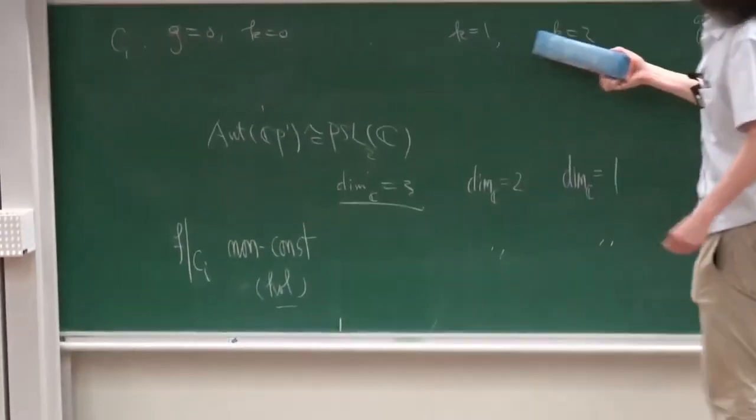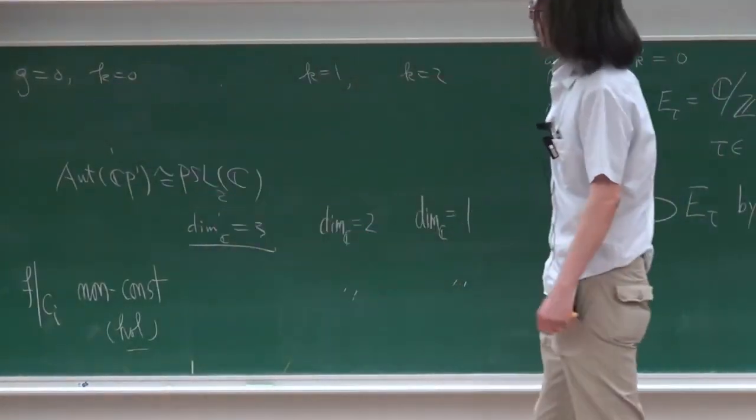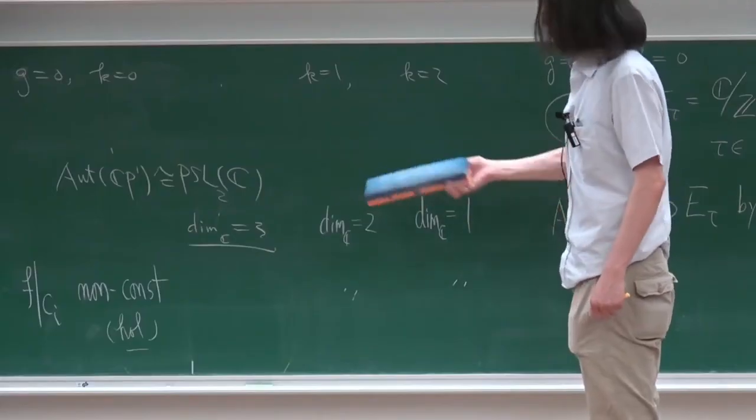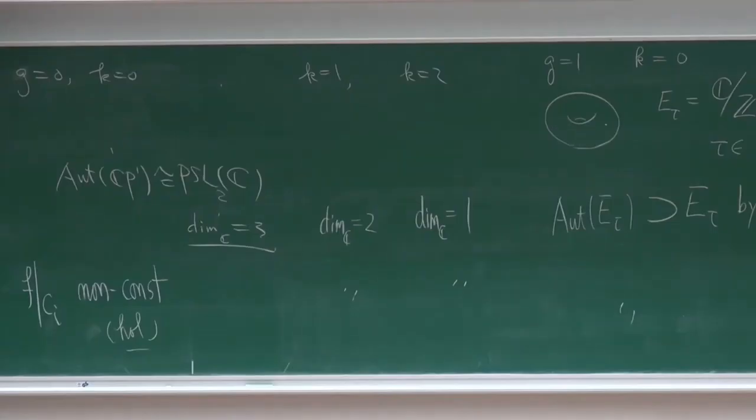The irreducible component of the domain is unstable, and then we require that the map on such components is non-constant. So now I can say that the irreducible component of the domain has either genus bigger than or equal to 2, or genus 1 and k bigger than or equal to 1, or genus 0 and k bigger than or equal to 3, or the map is non-constant on that component.